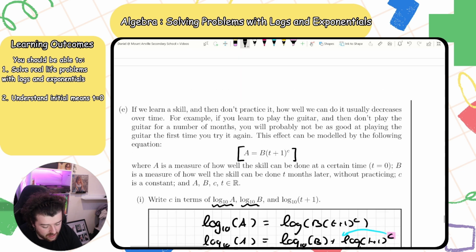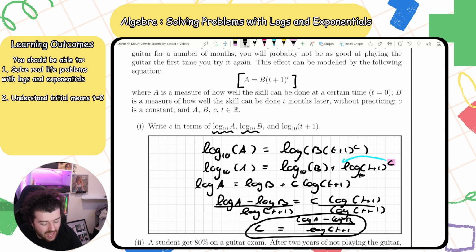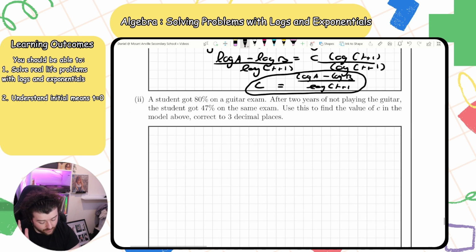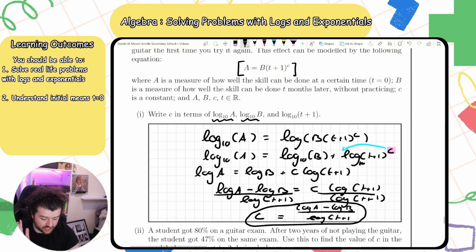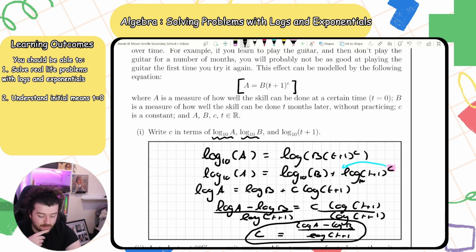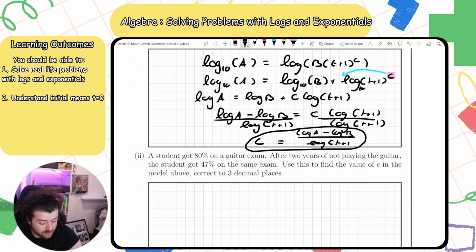A is the measure of the skill at a certain time, so he measured it at 80% proficiency, then 2 years later, he measured at 47% proficiency. So A is the initial, B is how well you did after time has passed, and t is how much time has passed. And I found what c is by using this formula.